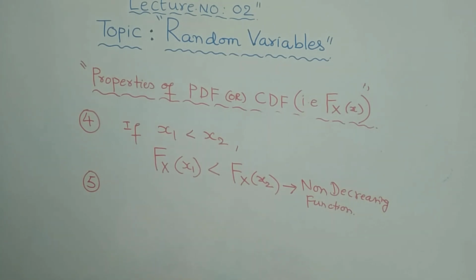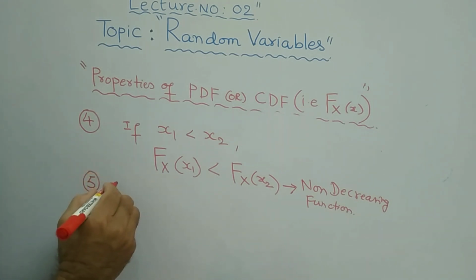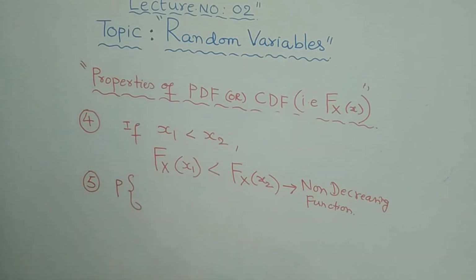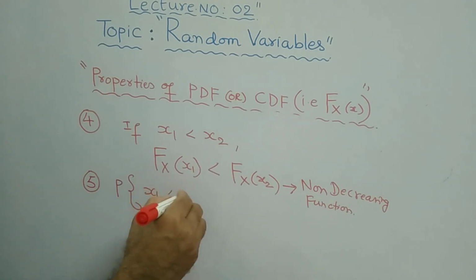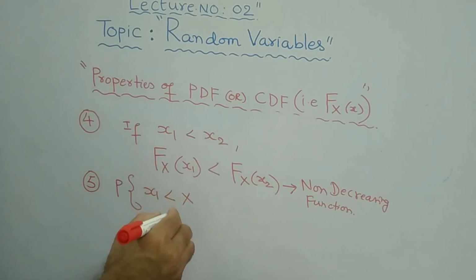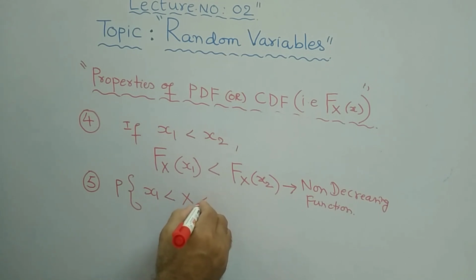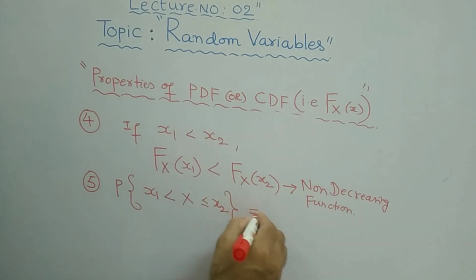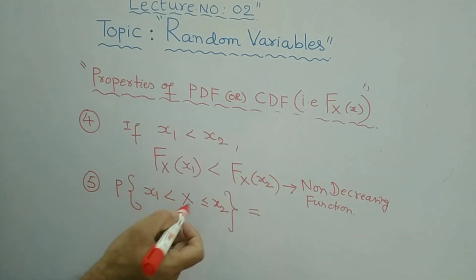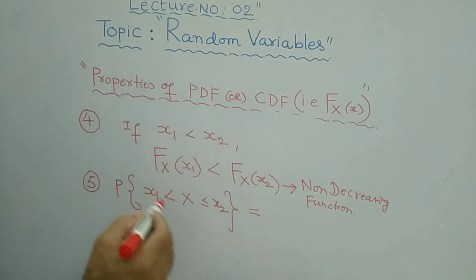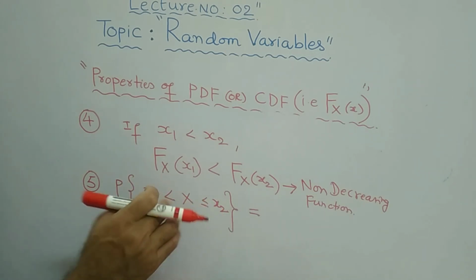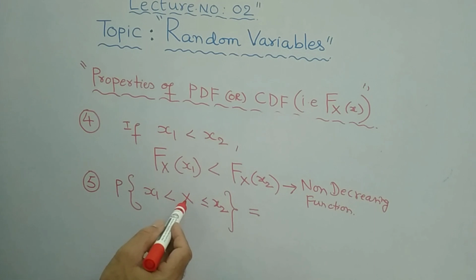The fifth one is that if the probability is defined for the event x1 is less than capital X, which is less than or equal to small x2. This is the event basically. If you write something in this bracket, it is called an event.